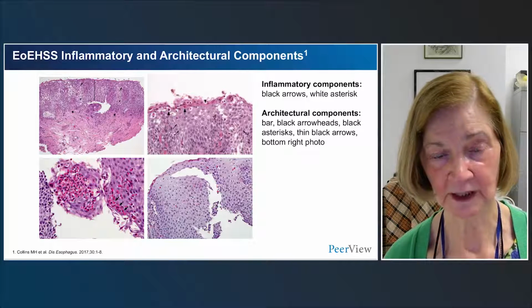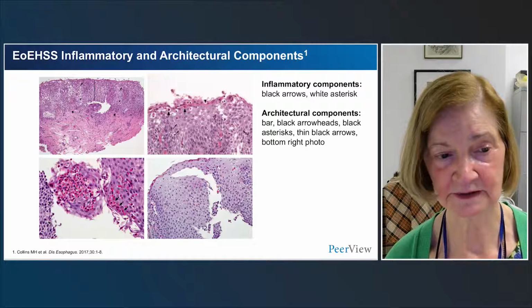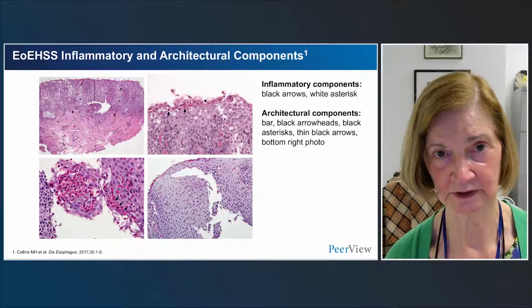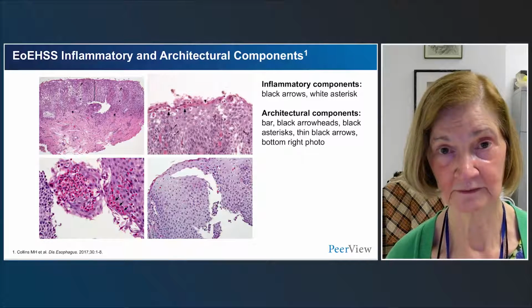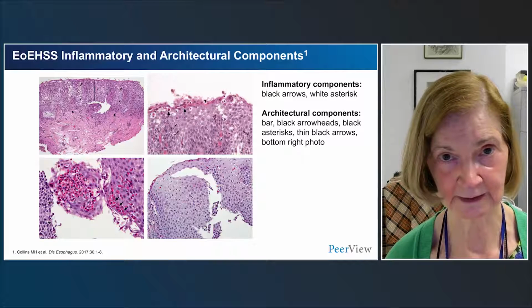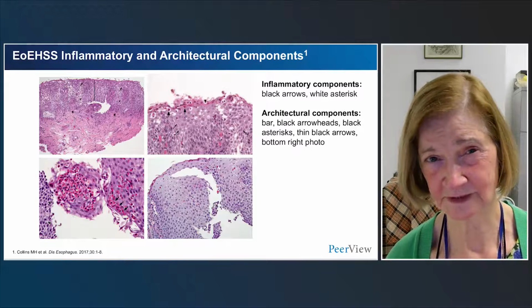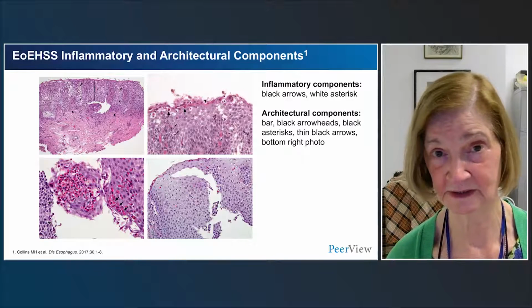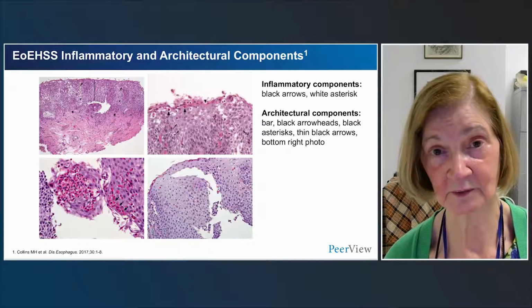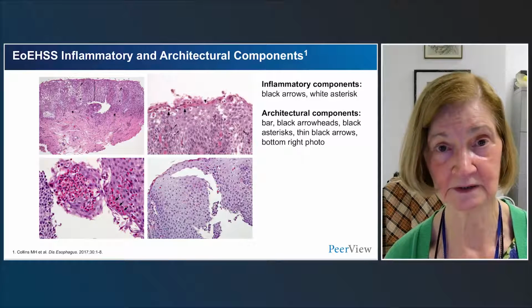So in the upper left, the bar is demarcating basal zone hyperplasia. That means a thickening of the epithelium in the esophageal inner lining. It's supposed to be 2 or 3 cell layers thick, and this bar is demarcating almost the entire depth of the epithelium occupied by that basal zone.